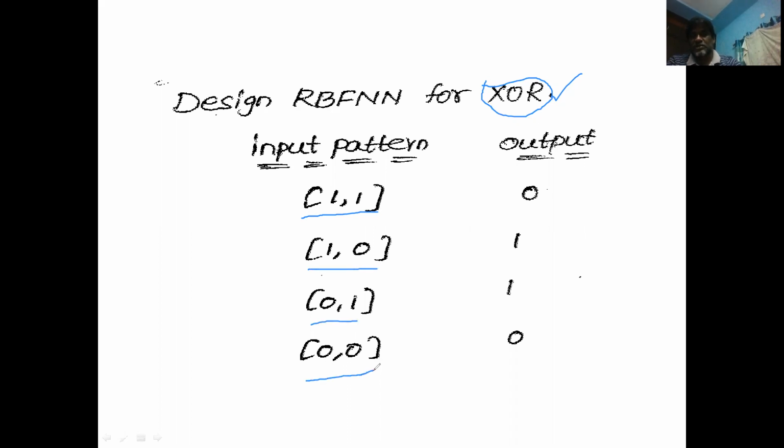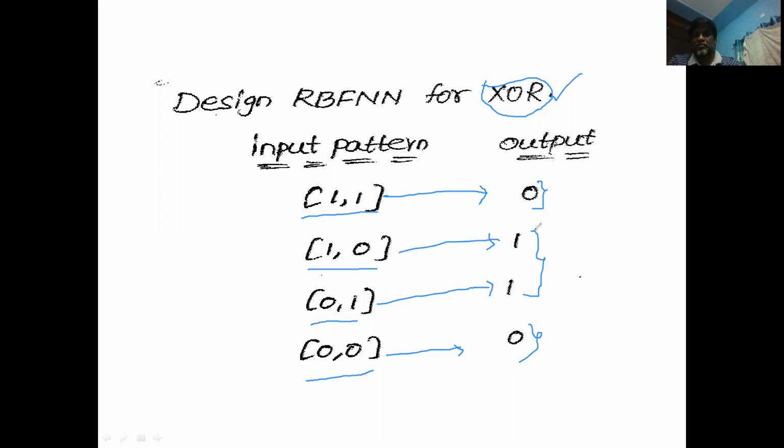These four come as input patterns, and the desired response is 0 for two input patterns, that is 0 0 and 1 1. For these two we have a desired response 0, whereas 1 0 and 0 1 produce 1. Therefore these two come under class 1 as desired response.